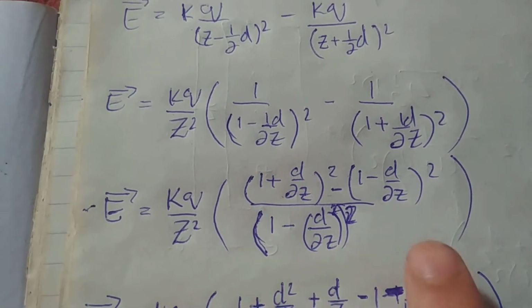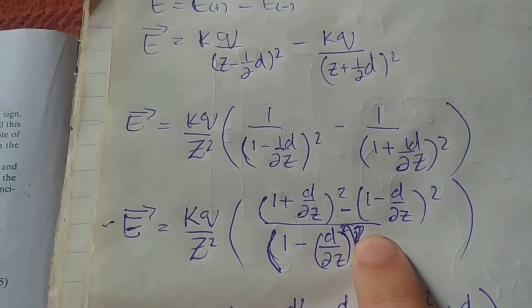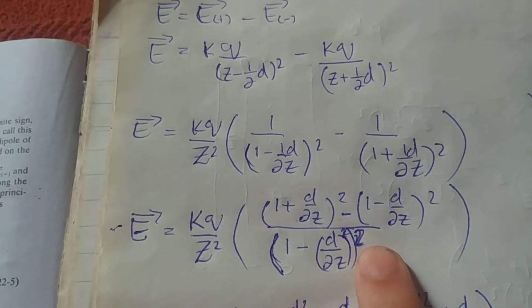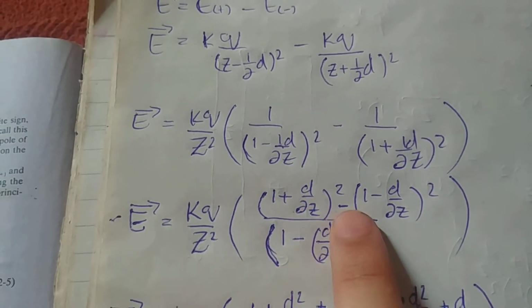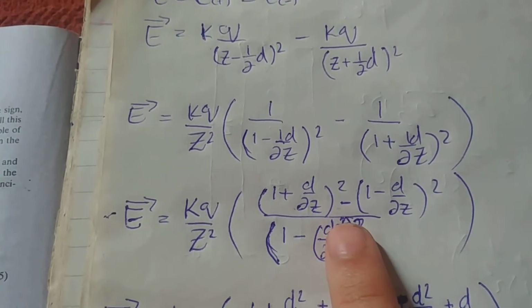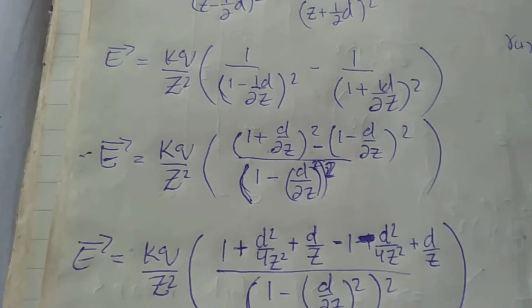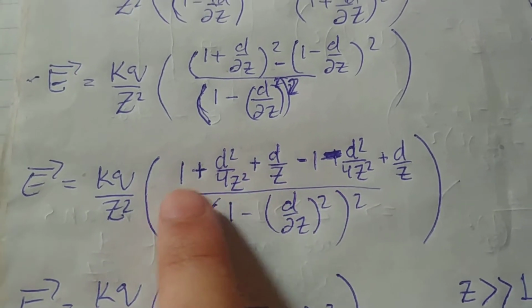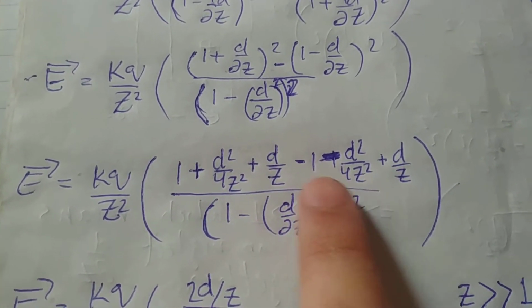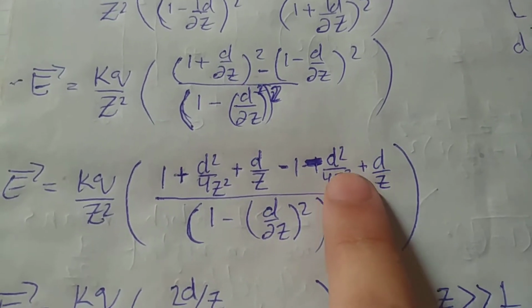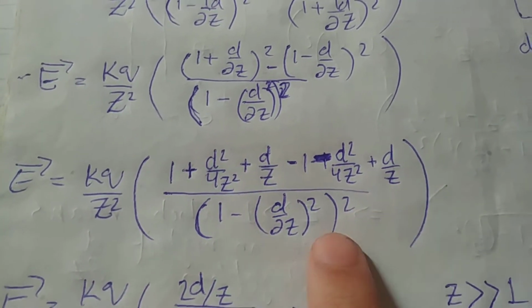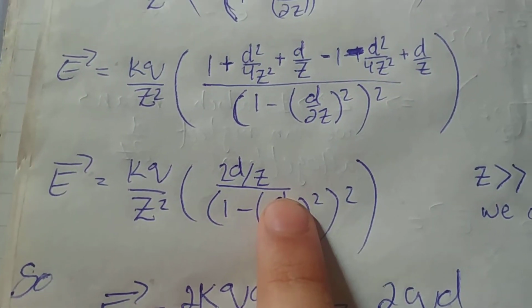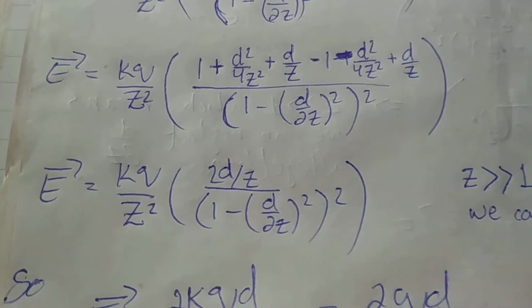But remember, there's an additional square on top of it, so we're going to write it as it is, and then in the numerator we do some simplification like this. So we come up with this term right here. Notice that 1 and minus 1 cancel out, and this term also cancels out, and we're left with this. When we add it, we get 2d over z, and the rest is the same.